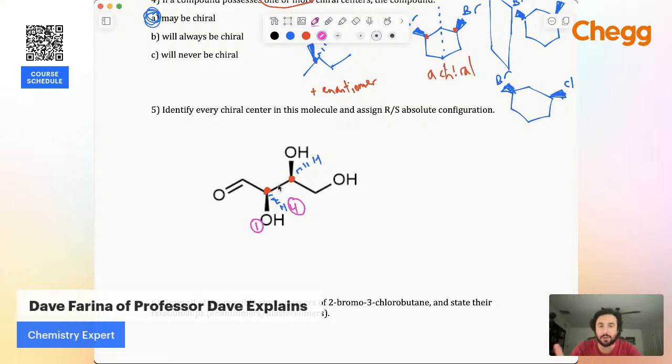Now, this is where Cahn-Ingold-Prelog gets a little bit tricky. We have 2 identical carbon atoms. So remember, we're going 1 atom at a time. Carbon and carbon, identical atomic number. That's a tie. So we need to see what those carbon atoms are attached to. So this carbon is attached to oxygen, oxygen, hydrogen.